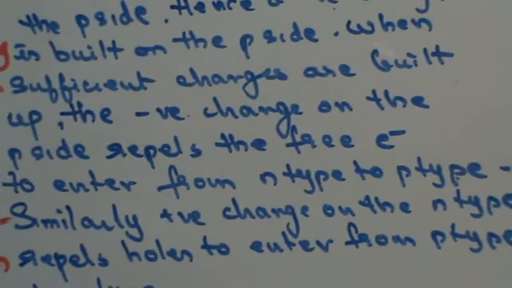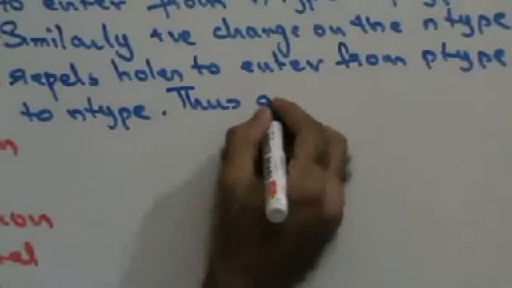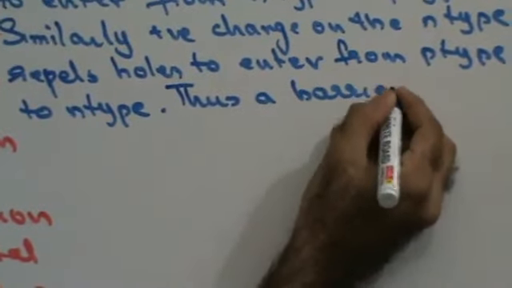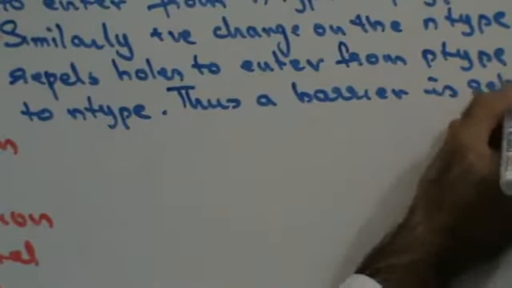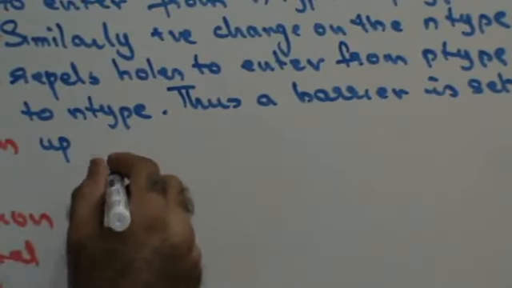Right? Thus a barrier is set up against further movement of holes and electrons.